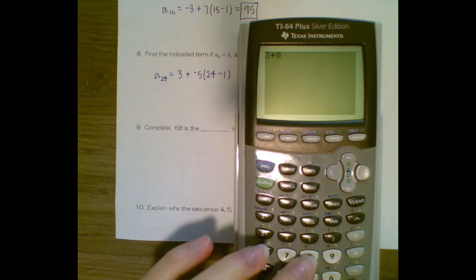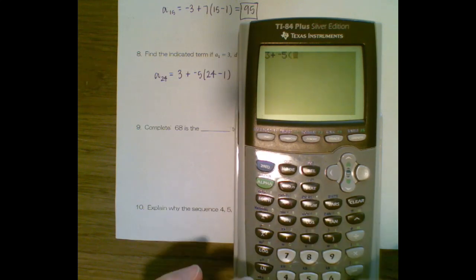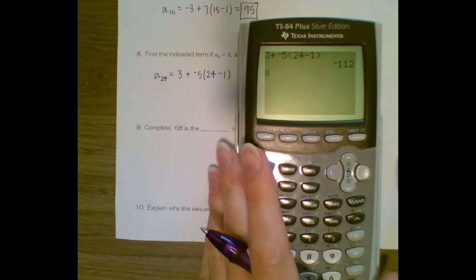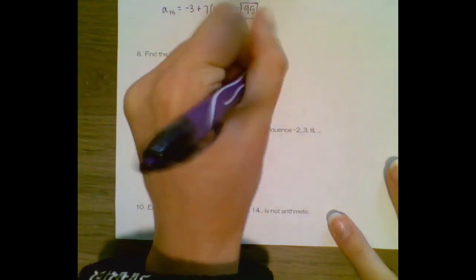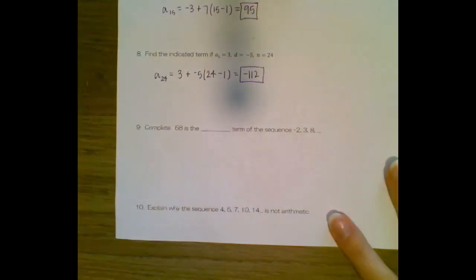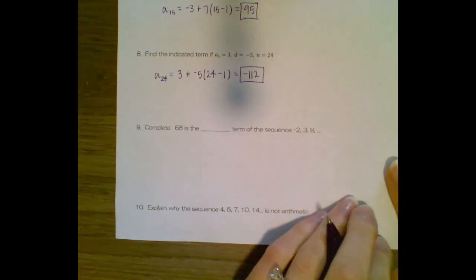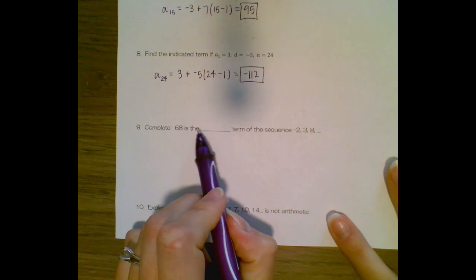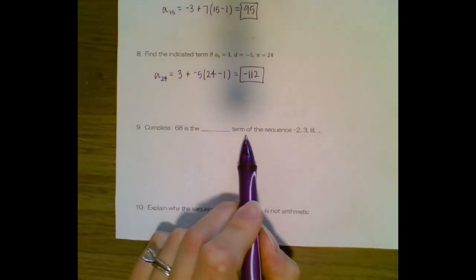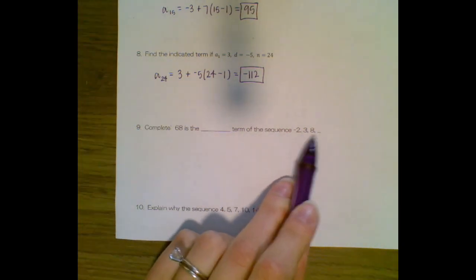So 3 plus -5, parentheses 24 minus 1, -112. Okay? All right, number 9, complete the following statement. 68 is the blank term of the sequence of -2, 3, 8.